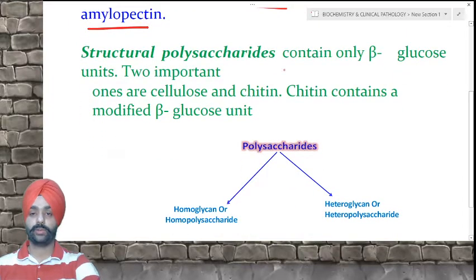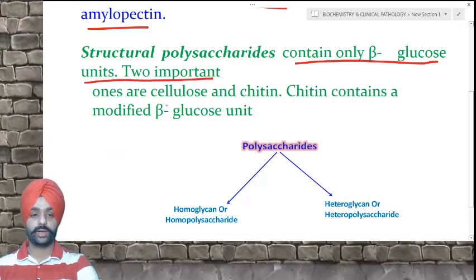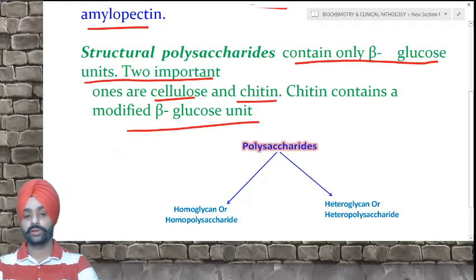Now, what are structural polysaccharides? The structural polysaccharides contain only beta glucose units. Two important ones are cellulose and chitin. Chitin contains a modified beta glucose unit.